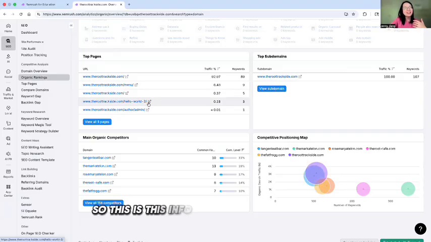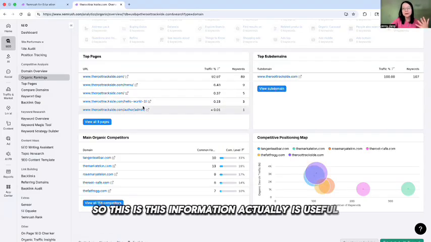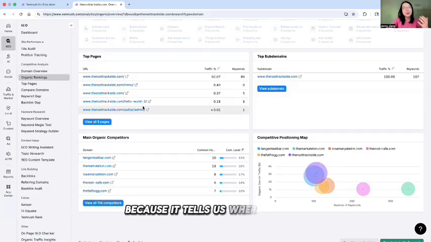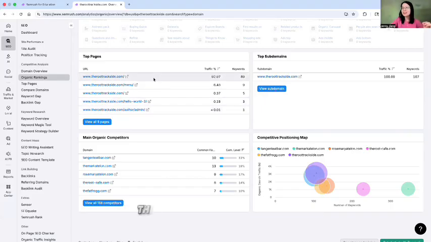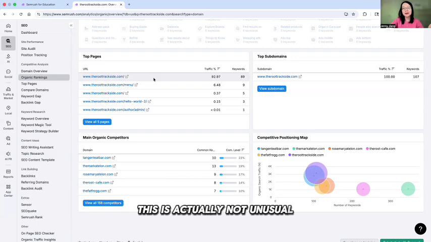So this information is actually useful because it tells us where the site's visibility is concentrated. In this case, most organic performance is concentrated on the homepage. This is actually not unusual. It also suggests the site is not getting strong SEO value from many other pages, just from the homepage.